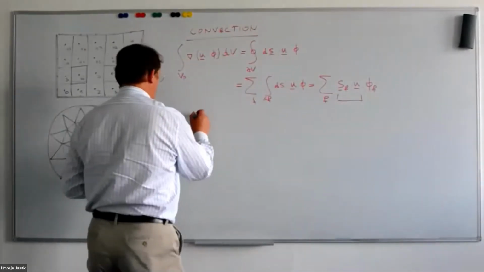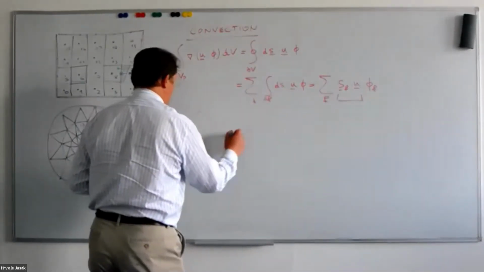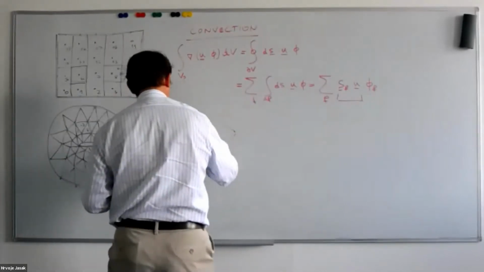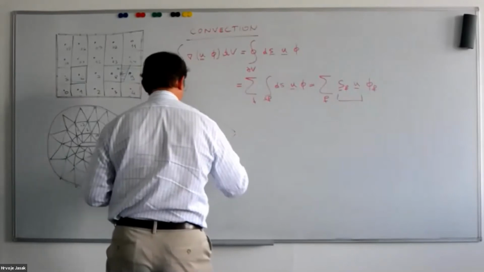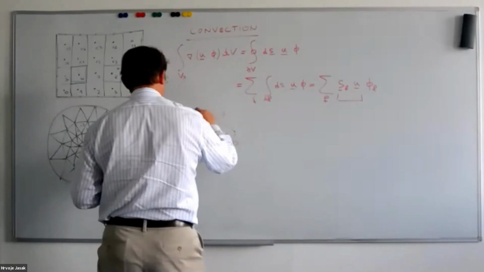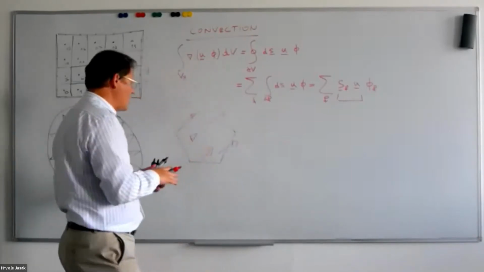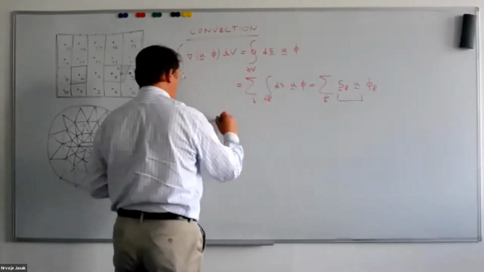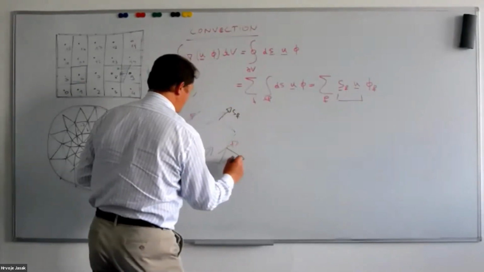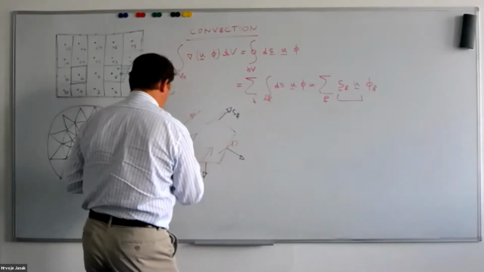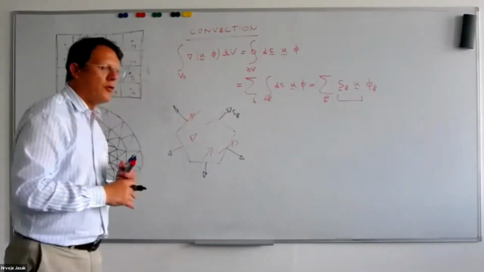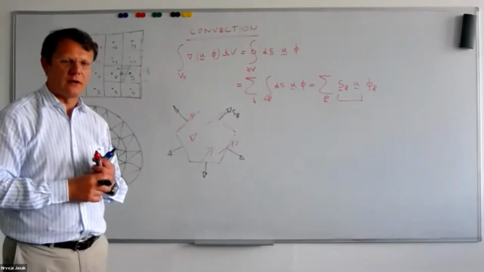So let us consider an arbitrary shaped control volume and the prescribed velocity field that looks like this. For each of the faces, I am also going to have the face area vector. By convention, the face area vector points outwards of my computational cell.